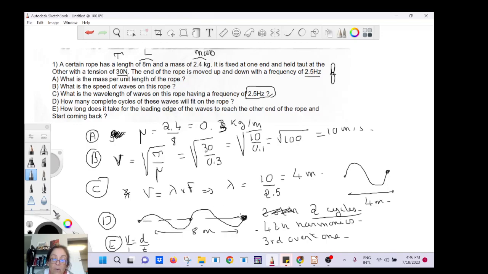So it didn't go back and forth, just one way. So the speed is 10. So 10 equals 8 divided by t. So t equals 8 divided by 10, which is 0.8 seconds.